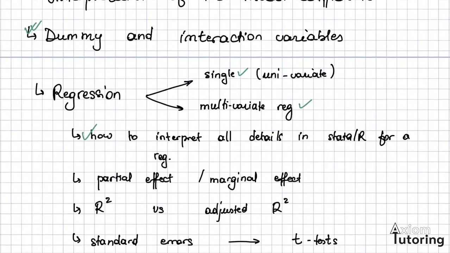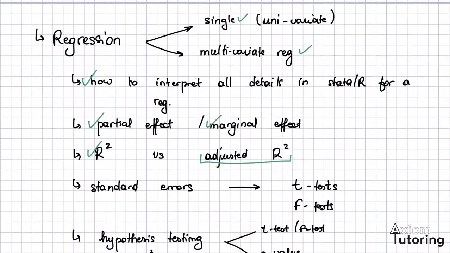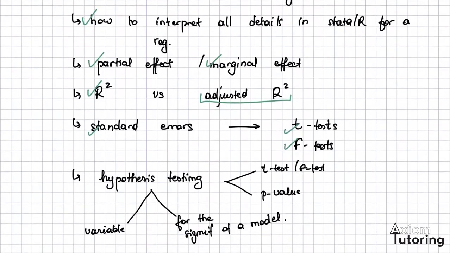We've seen what the partial effect or the marginal effect is and how to get those through different software. We've seen R squared, not as much the adjusted R squared. We've just simply mentioned why we would need the adjusted R squared compared to R squared. We've seen the standard errors and how to perform t-tests, how to perform F-tests, and why we need to perform such tests, especially in hypothesis testing.